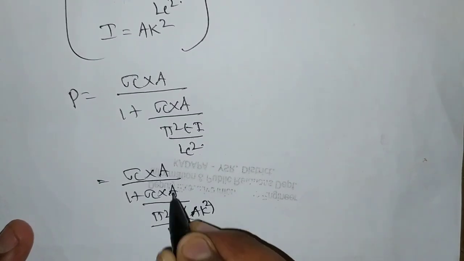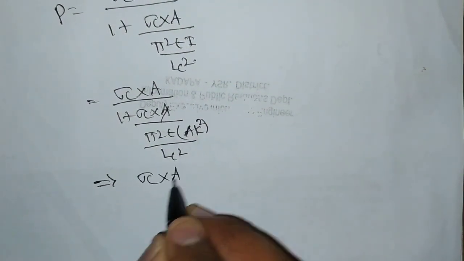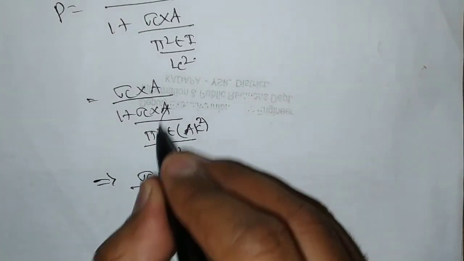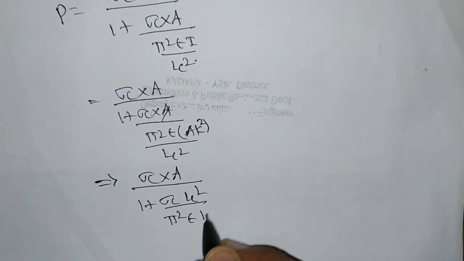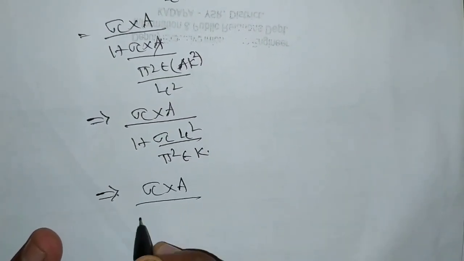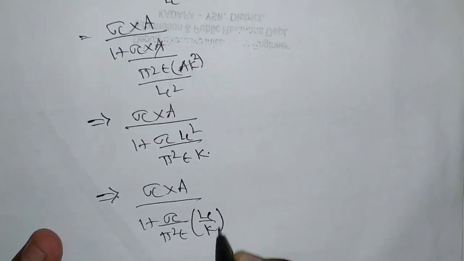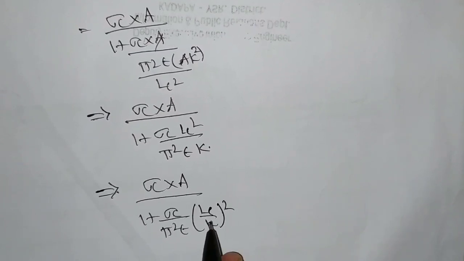Here the value of A will get cancelled out, and this equation can be written as sigma C into A by 1 plus sigma C. If I take this to the upside, it can be written as LE square by pi square E into K square. So this equation can be written as sigma C into A by 1 plus sigma C by pi square E of LE by K whole square. Here LE by K is nothing but the slenderness ratio.